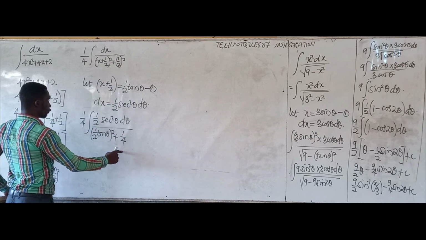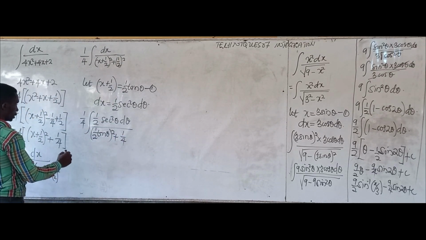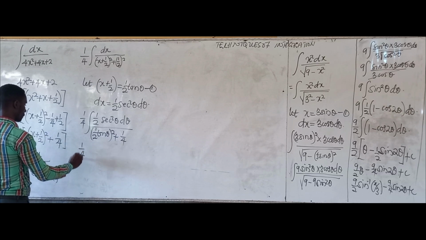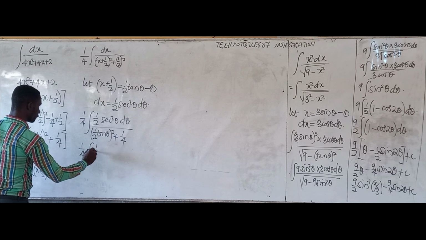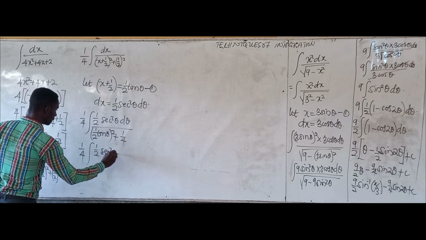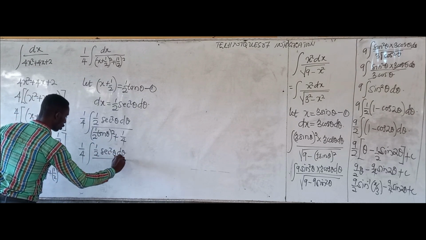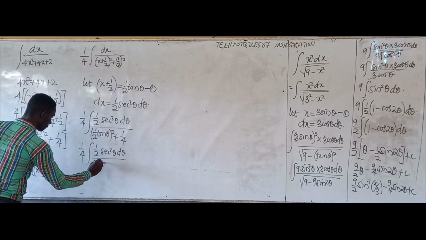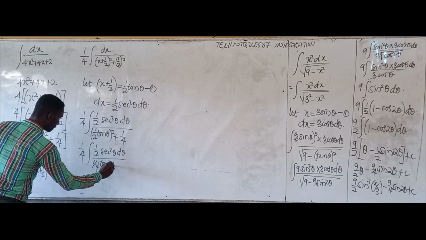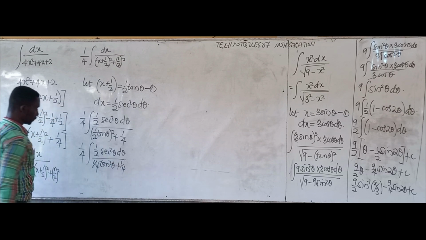Half squared is 1 over 4. This will give me 1 over 4 integral half sec squared theta d theta all over 1 over 4 tan squared theta plus 1 over 4.